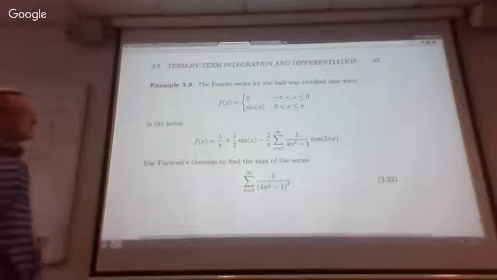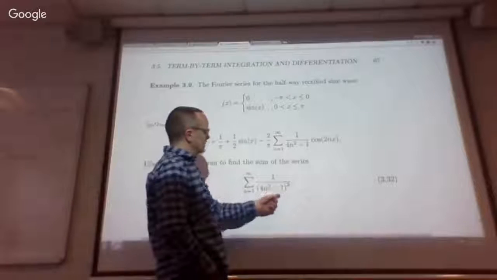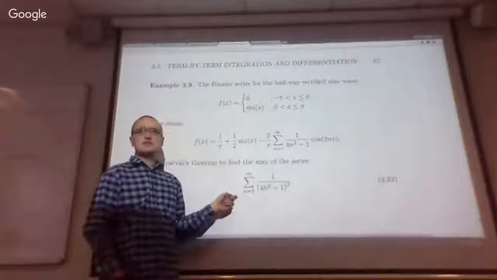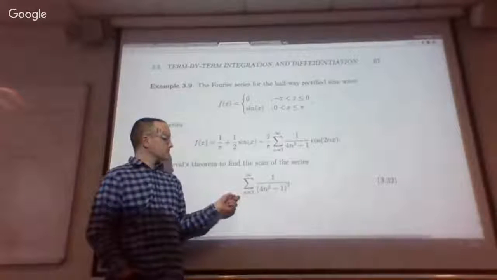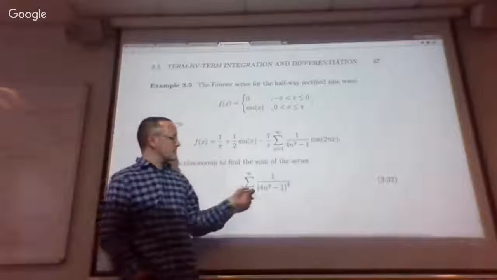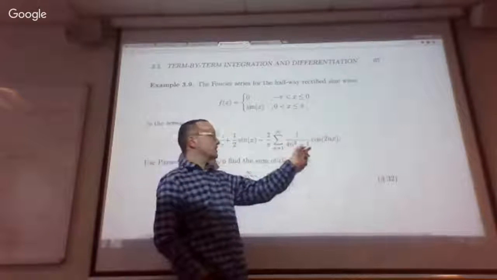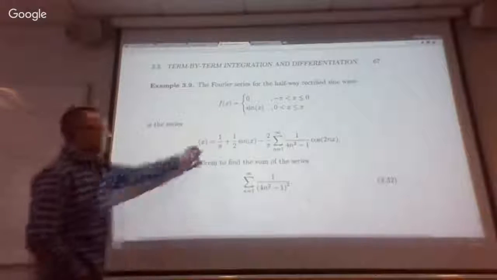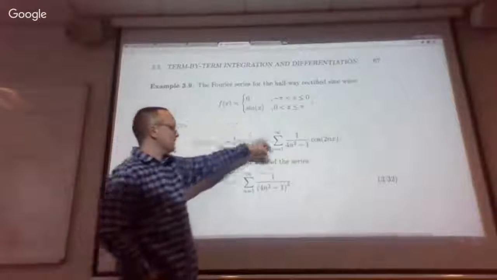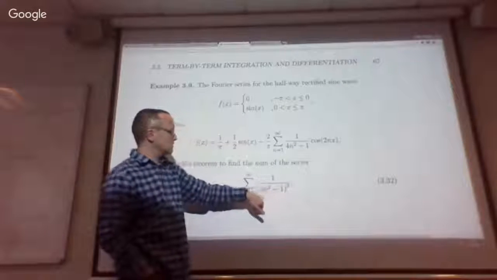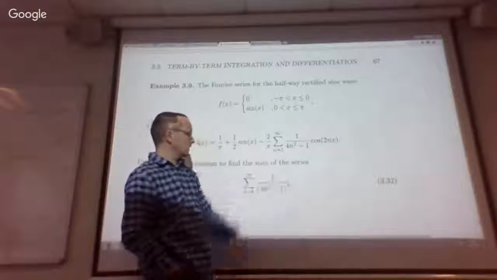The idea of this example is to obtain a value for this sum. And the reason the Fourier series helps you is this sum is the sum of the squares of the coefficients from the Fourier series. We've 1 or 2 coefficients at the front, but mainly all the coefficients from the Fourier series look like this quantity here, 4n squared minus 1.